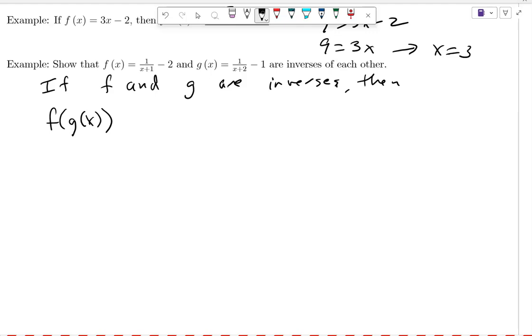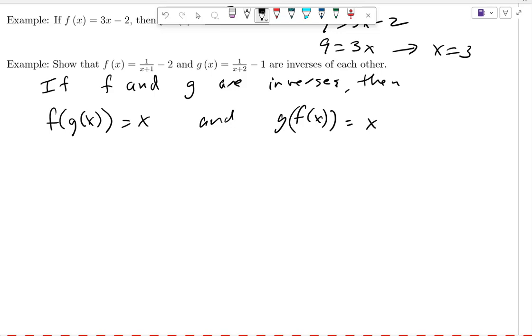If they're inverses of each other, what must we end up with when we're done? X, yeah. If we did it the other way around, and did G composed with F of X, what must we end up with when we're done? It's still X, yeah, good.